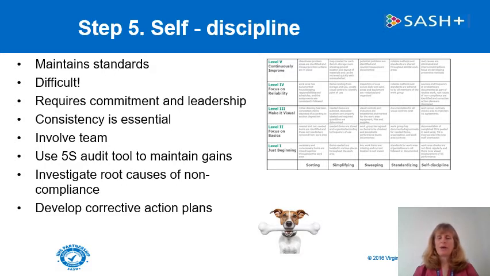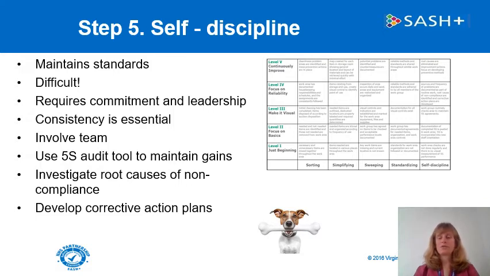We have a 5S audit tool, which is shown here on the right, that helps you review whether you're maintaining those gains, maintaining the standard of your 5S. You can add your 5S sweeps to any Gemba rounds that you're doing or any checklists that you routinely do to make sure that you are continuing to keep the 5S standard going.